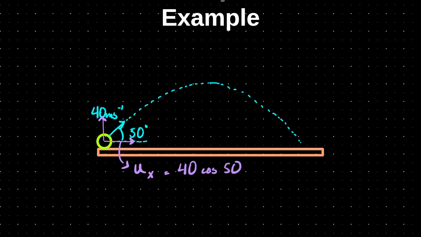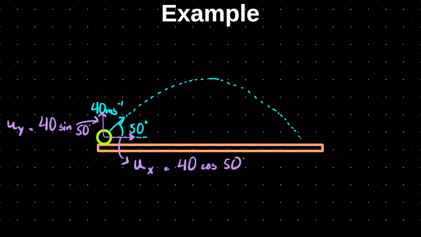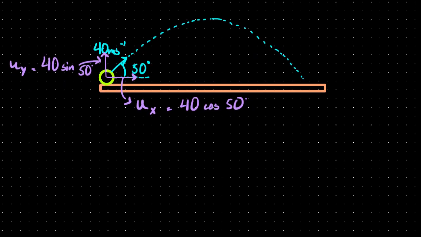And then similarly the other one, which is the vertical one, would be 40 sine 50. So the initial vertical component would be 40 sine 50, right? And now you can be asked a variety of parts depending on each question.